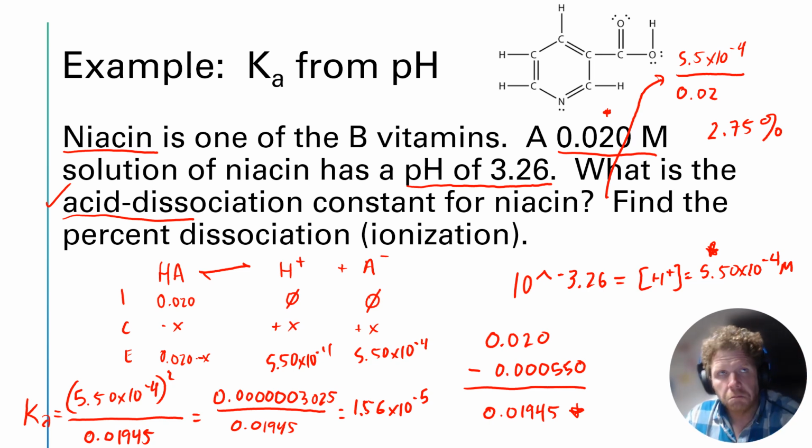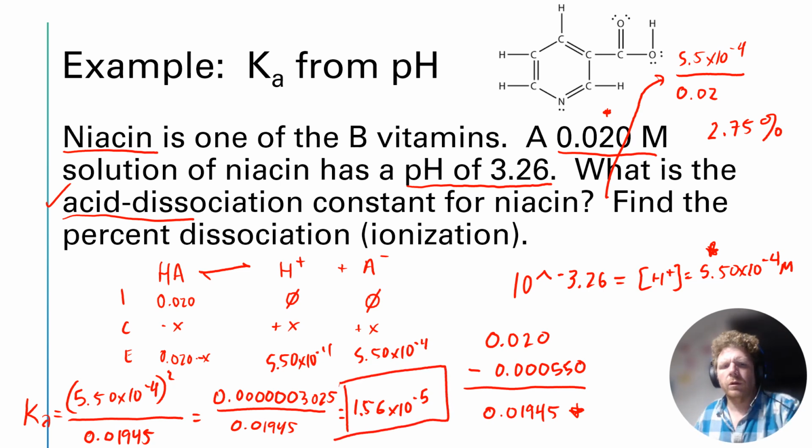So if we go back to our definition, a weak acid was about 1% dissociated. Okay, this is nearly 3% dissociated, so we're talking about a relatively strong weak acid. Now this gives me my Ka, 1.56 times 10 to the negative fifth.